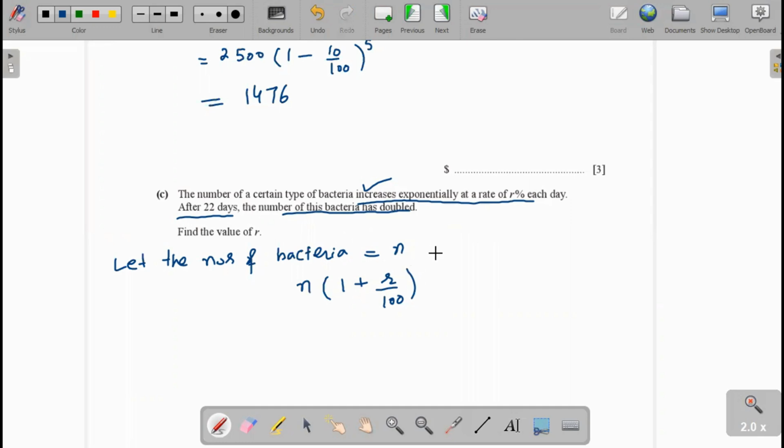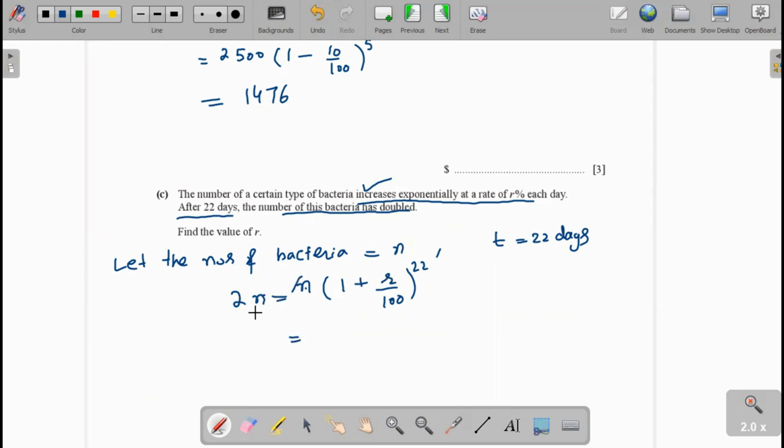Therefore the time is 22 days, and after 22 days the number becomes double, that is equal to 2n.